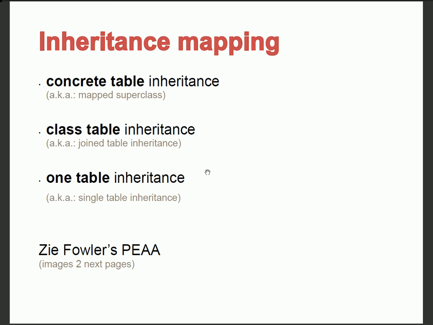You could map that all to one table. If all the subclasses only differ a little bit, that is a good thing to do. But most often you use one of the other possibilities. In Joomla, in fact, we use concrete table inheritance.